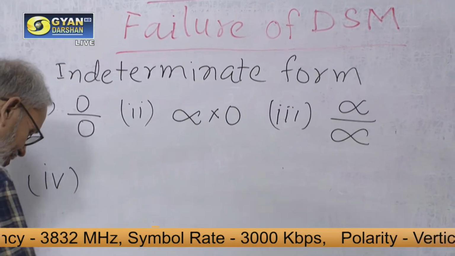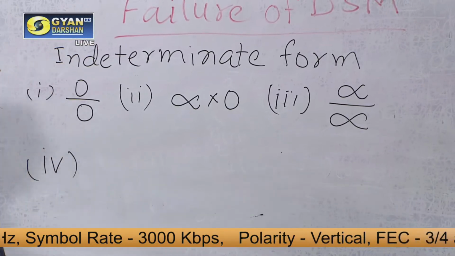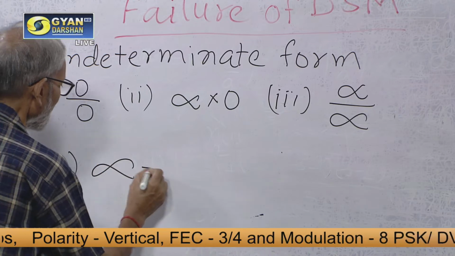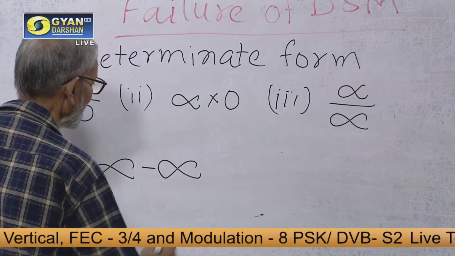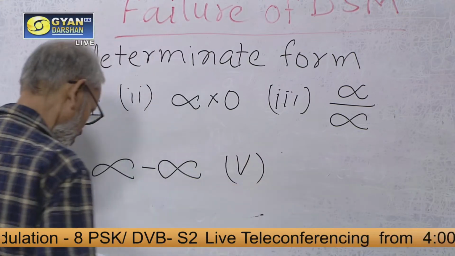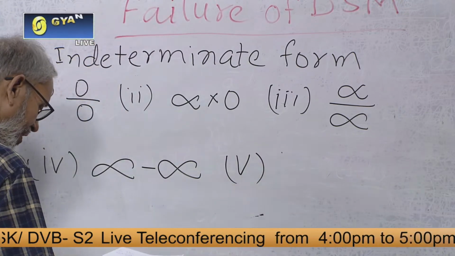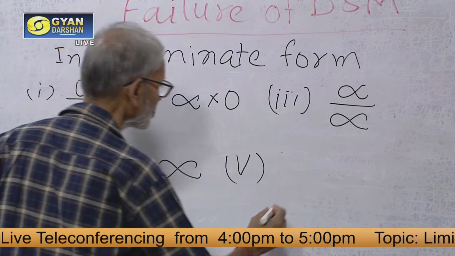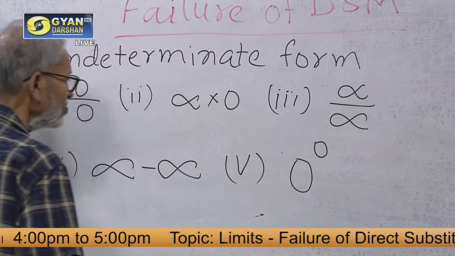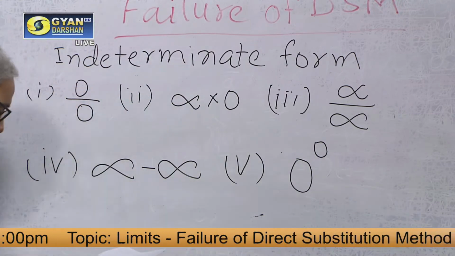Other forms may be infinity minus infinity. Then 0 to the power 0. In mathematics, these are called indeterminate forms.